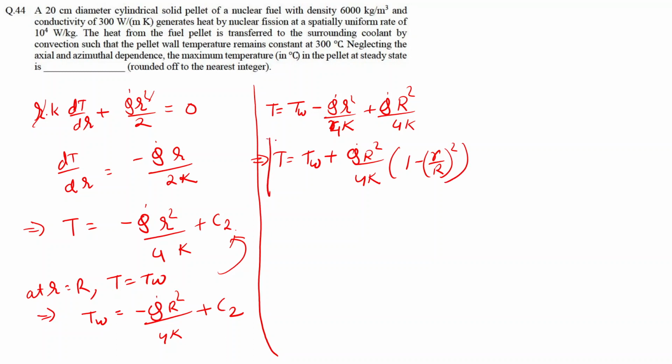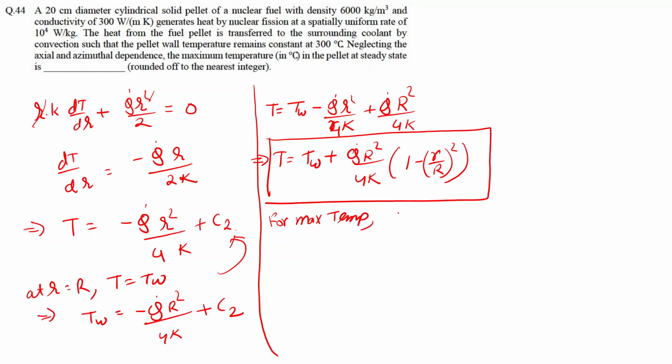So from this equation we have the temperature profile across the radius. Now for maximum temperature, we can write that dT by dr is equal to 0.